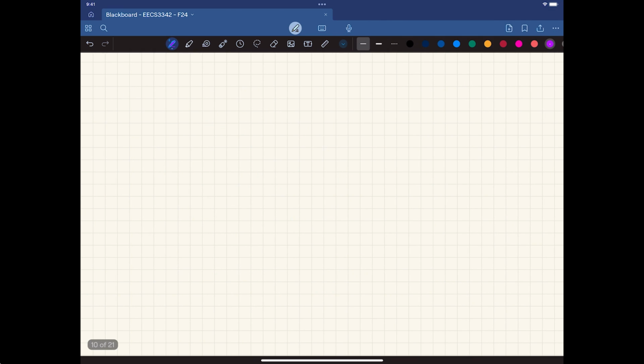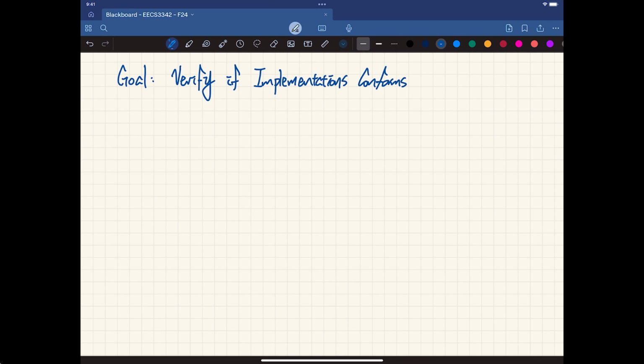All right, so our goal right now is to verify if the implementation conforms to the requirements.